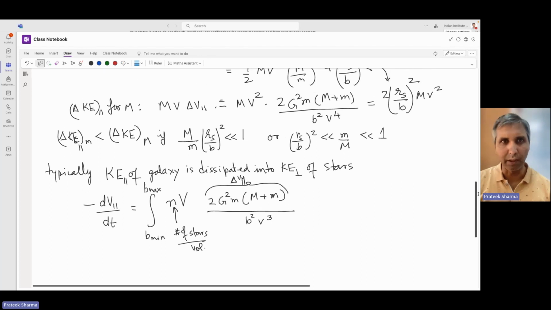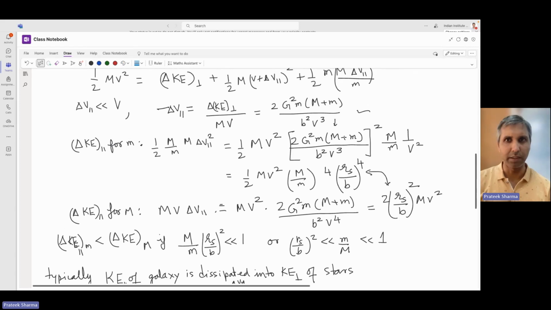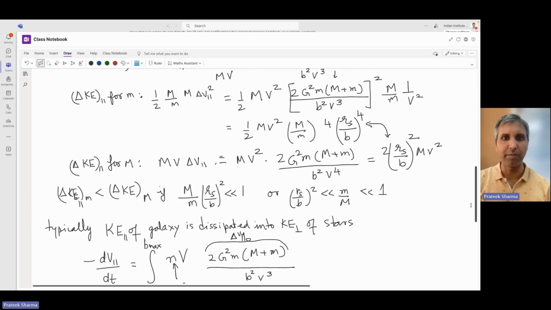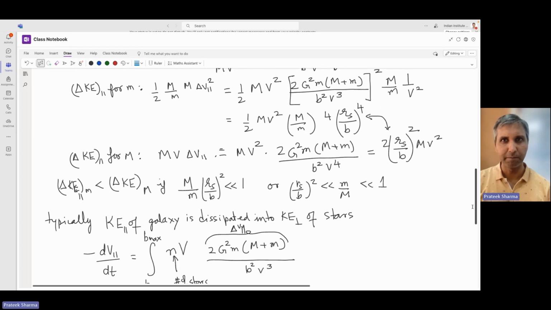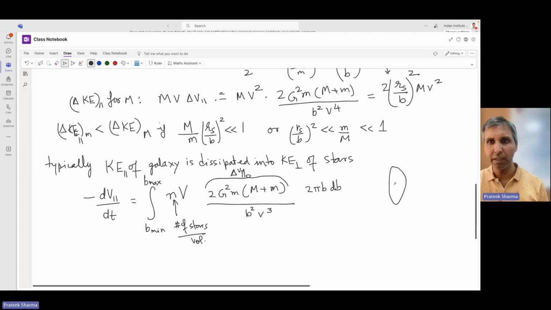We actually derived it here. Where did it go? Yeah, here it is. So I'm just plugging that in, right? That's delta v parallel times 2 pi b dB. So if the stars are all uniformly distributed, the number of stars in an annulus of cylindrical radius b is just 2 pi b dB times the number density.